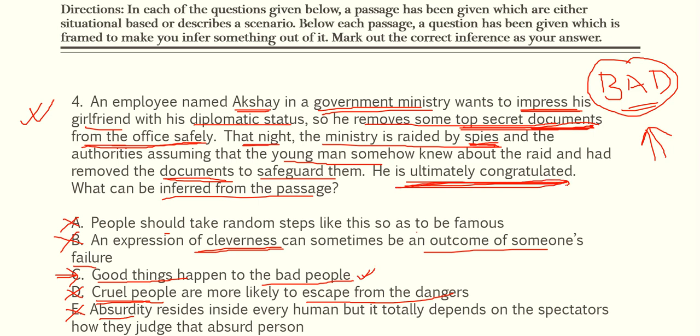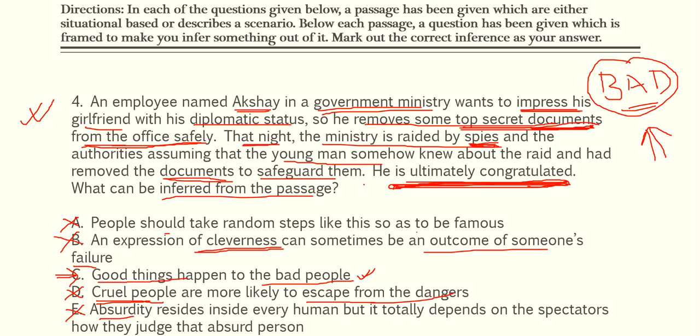वो काम गलत करता है पर उसके लिए एक कुछ अच्छा चीज हो जाता है, इसलिए उसको मतलब ये तो बाय मिस्टेक हुआ ना, राइट? His intention was just to impress his girlfriend, and somehow the spies raided the ministry that night, and the authorities thought that he is such a talented young man.